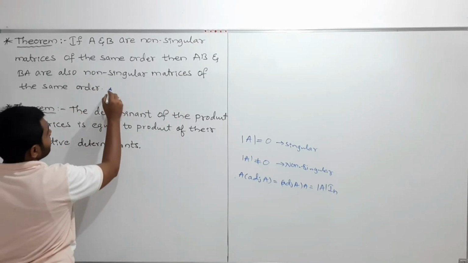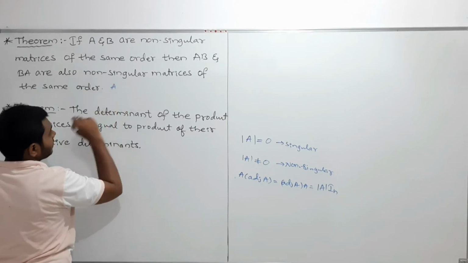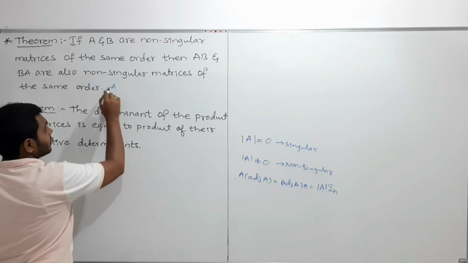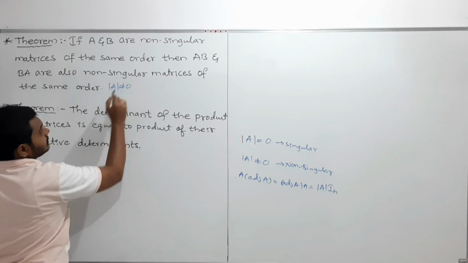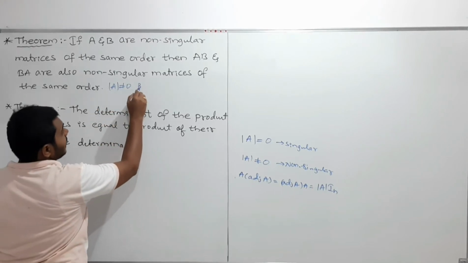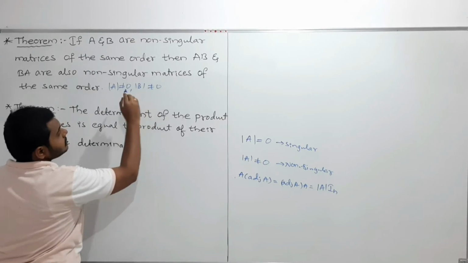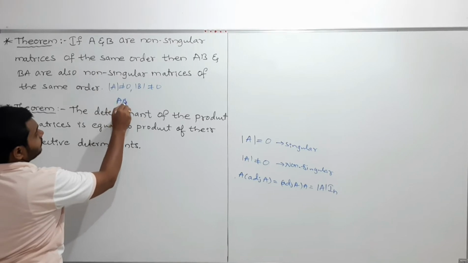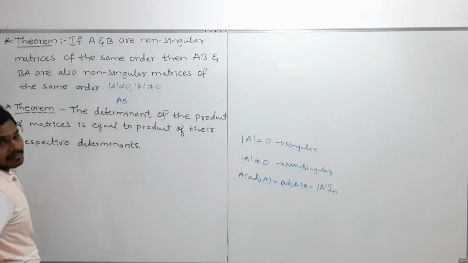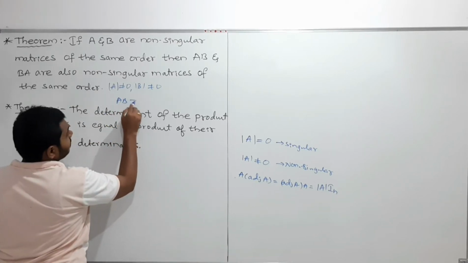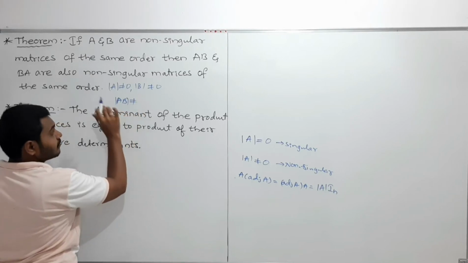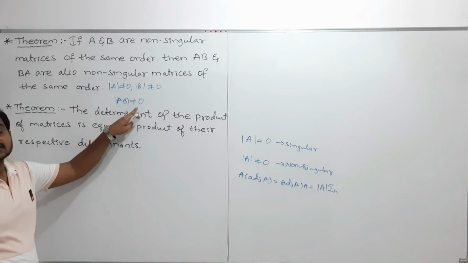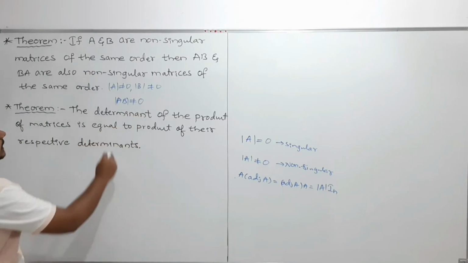It means, my dear students, if A and B are non-singular matrices and you multiply AB, then the determinant of the product is not equal to 0. So that is the meaning here.